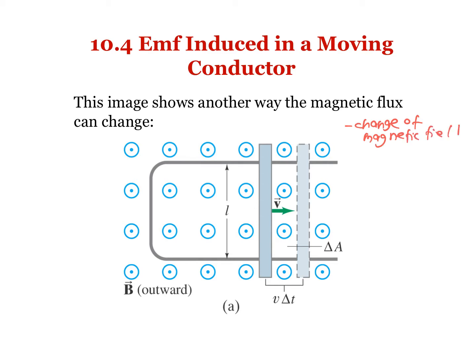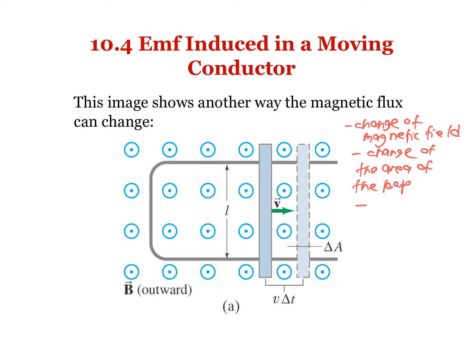Then we can change the area of the loop that the magnetic field passes through.